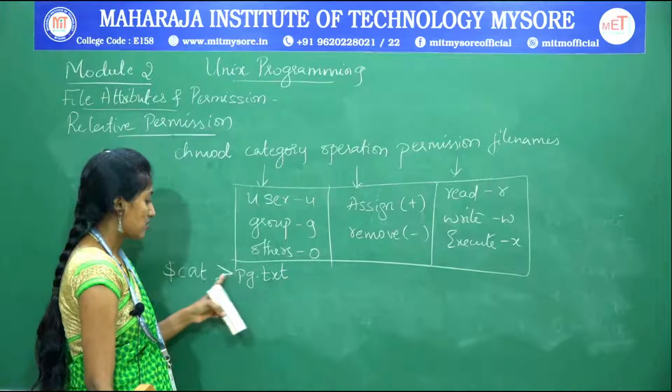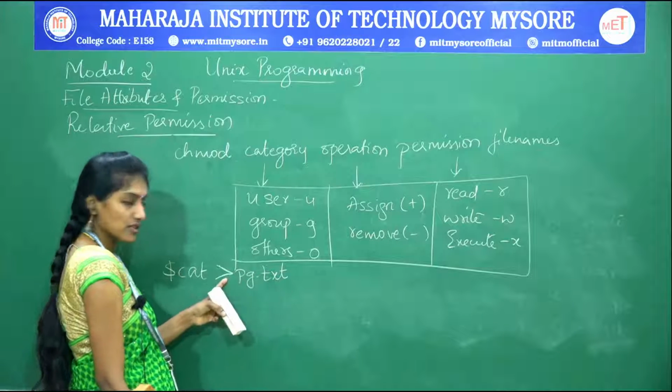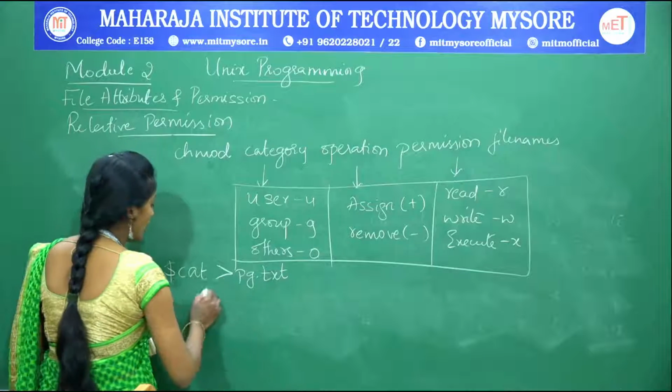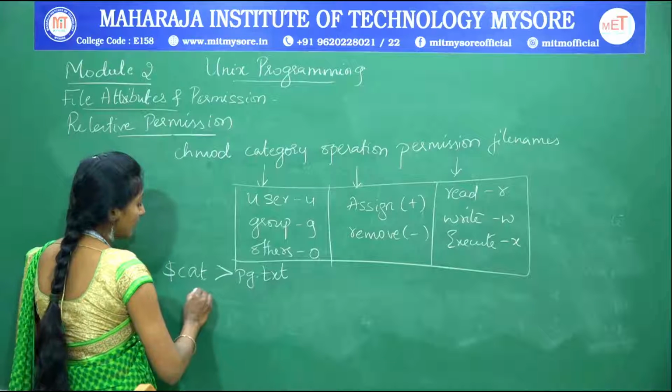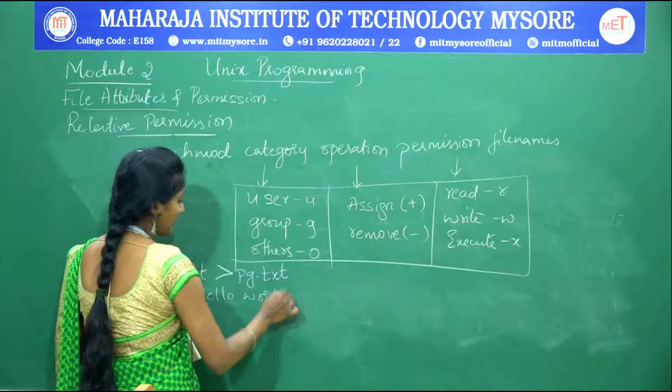So cat with the redirection operator creates the file pg.text, and it is going to prompt you to enter the content. Now I am going to enter the content, hello world.